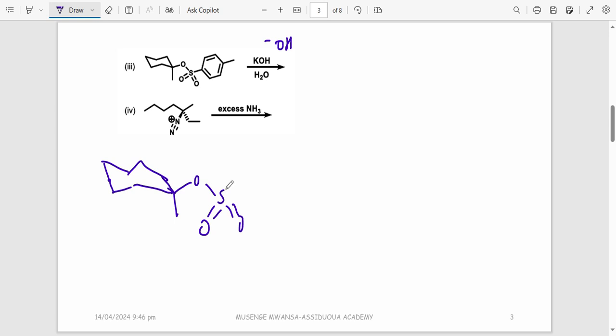This compound that I'm drawing here, you will really understand it when we start alcohols in the next class. It's a good leaving group. Tosylates are good leaving groups.